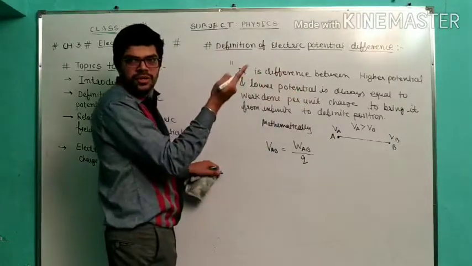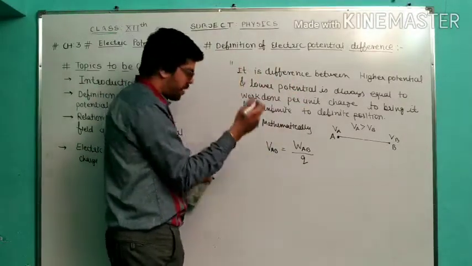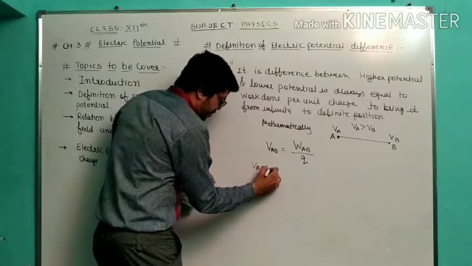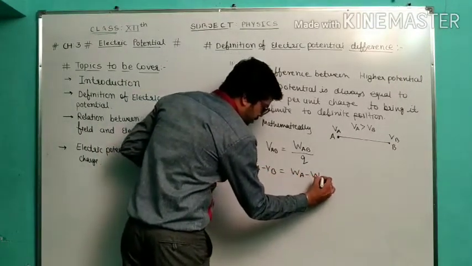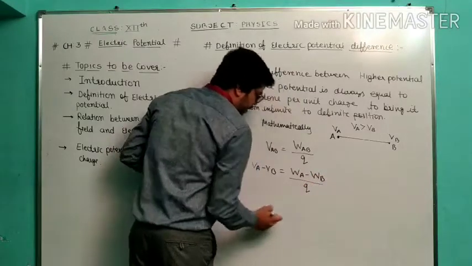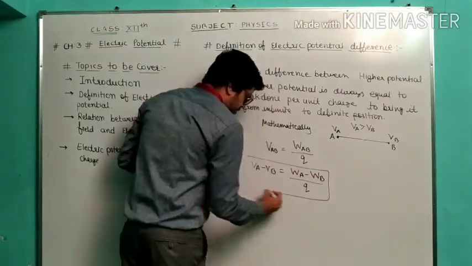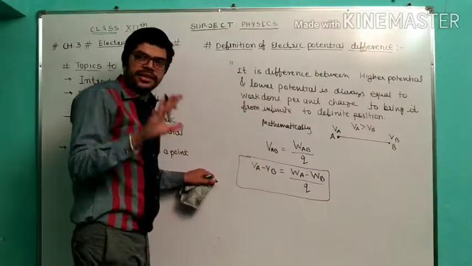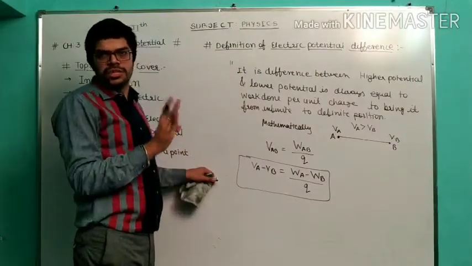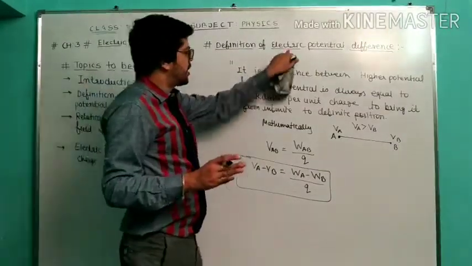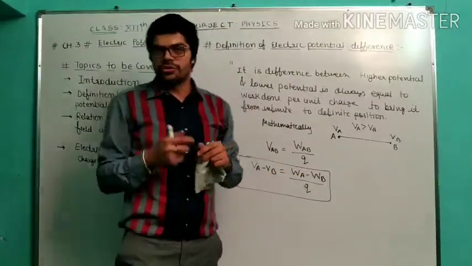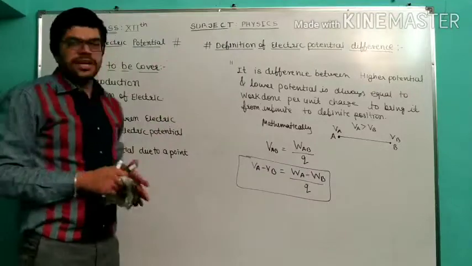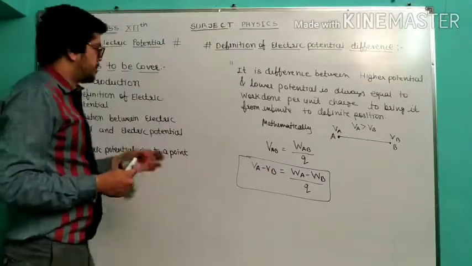So we take VA minus VB, WA minus WB divided by Q. This is the final expression. The unit and the dimension are the same. There is no change. Only the condition and the wording are changed. So we have to change the definition. I hope you understood the topic, the definition of electric potential.